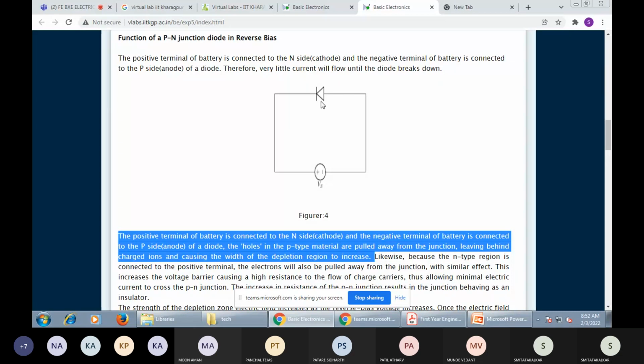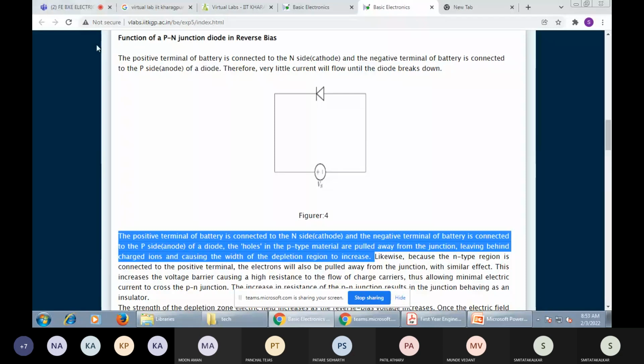When the barrier potential voltage is increased, the holes and electrons in the depletion region cannot move from one side to the other because of the width. The depletion region width is increased.